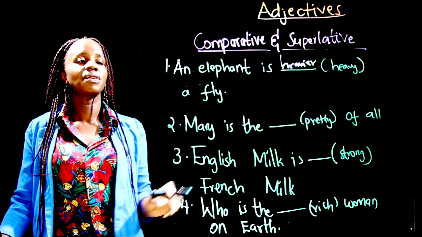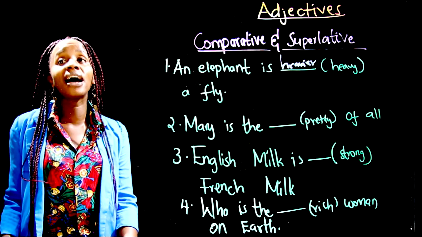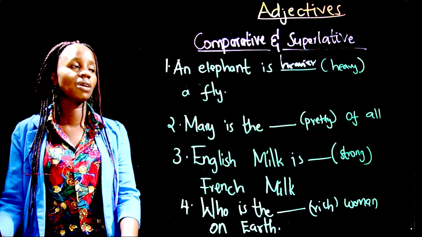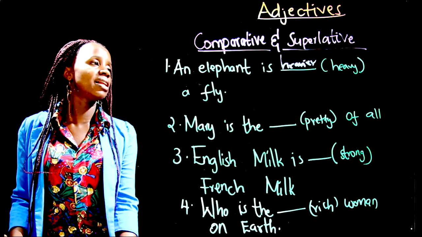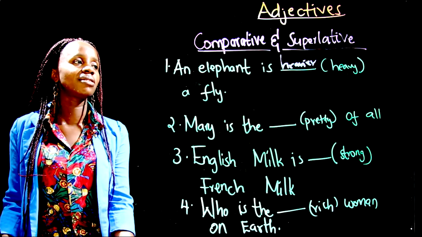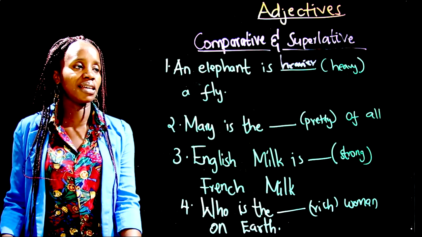Okay, so this is the rule that I wanted us to talk about. For regular adjectives, the words that end with Y, you will erase the Y and replace it with I-E-R.